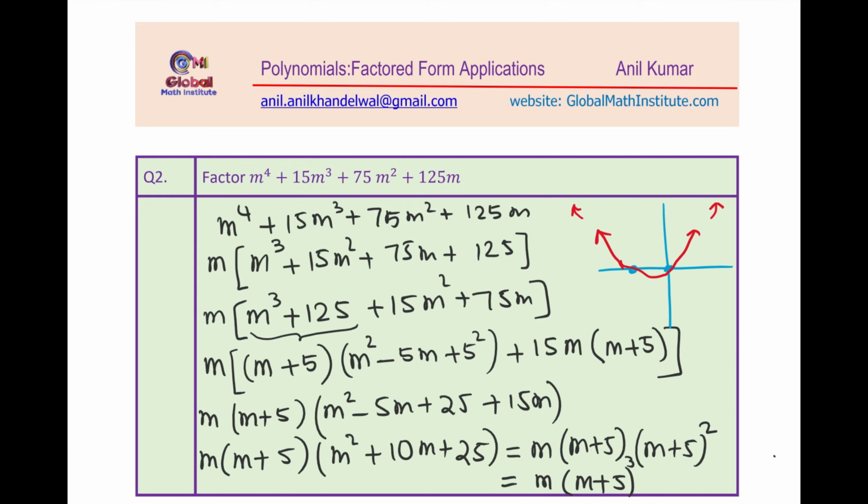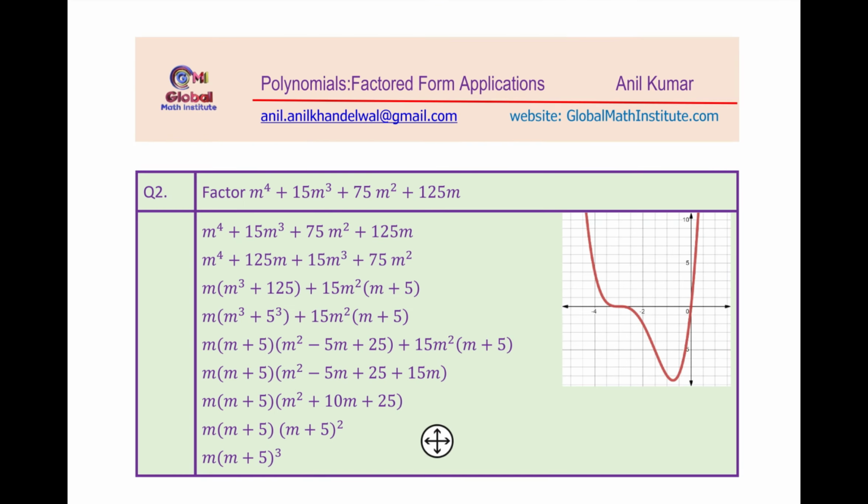Now let's see the solution. Here is the solution for you typed out. So basically what we did was we brought the terms 125m and m to the power of 4 together. Initially, of course, we factored m, and these two terms will form a cube plus b cube.